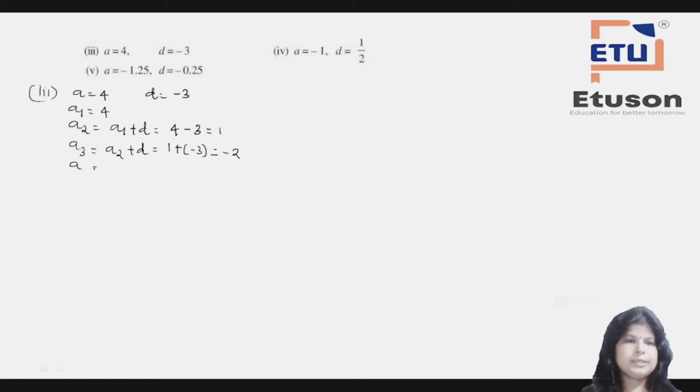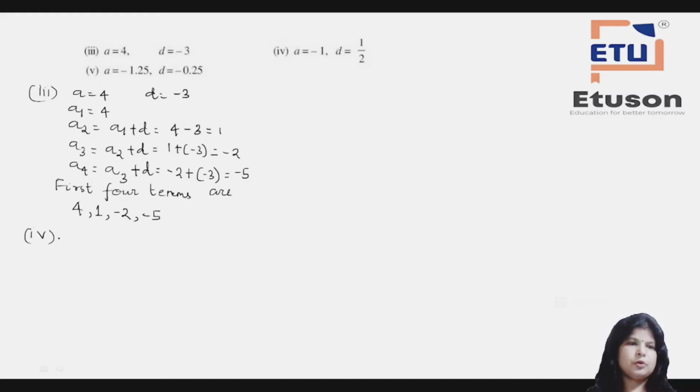What is A4? A4 is equal to A3 plus D. Right? So that is equal to minus 2 plus minus 3. What is the answer? Minus 5. So first four terms are 4, 1, minus 2 and minus 5.